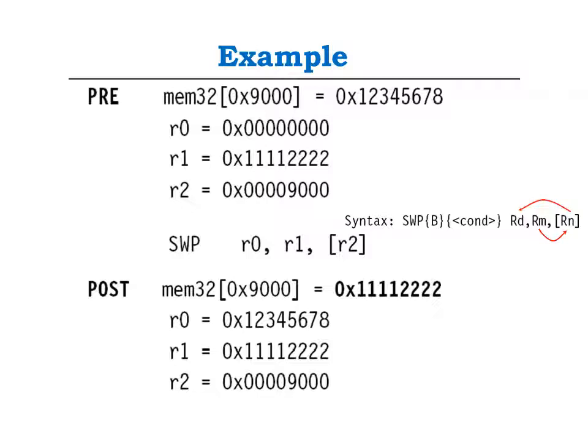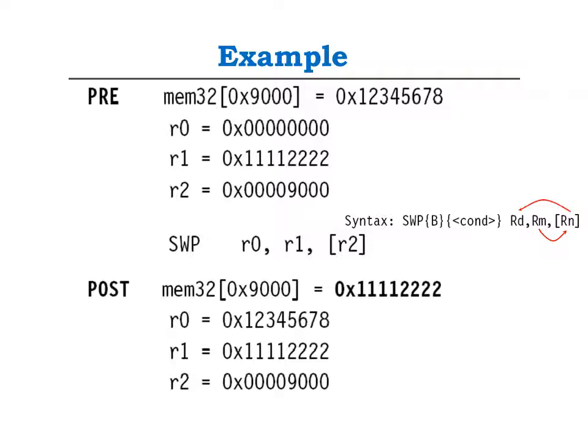Now in the memory location 9000, there is data 1, 2, 3, 4, 5, 6, 7, 8. This data I want to exchange with the register R0. So how is it written? SWP R0, R1, [R2].